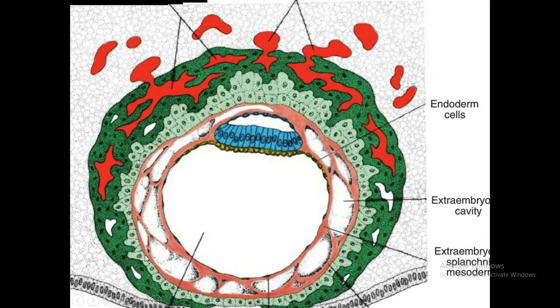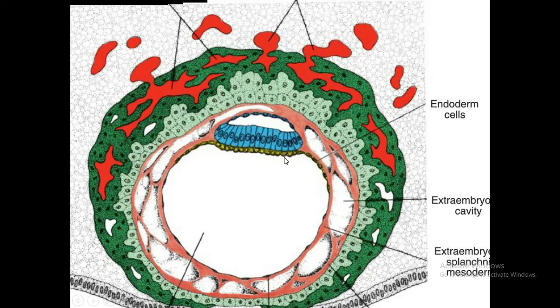The mesodermal layer which covers the inner surface of the cytotrophoblast as well as the amniotic cavity is known as the somatopleuric layer of extraembryonic mesoderm. So the extraembryonic mesoderm has two layers: the splanchnopleuric layer and the somatopleuric layer.